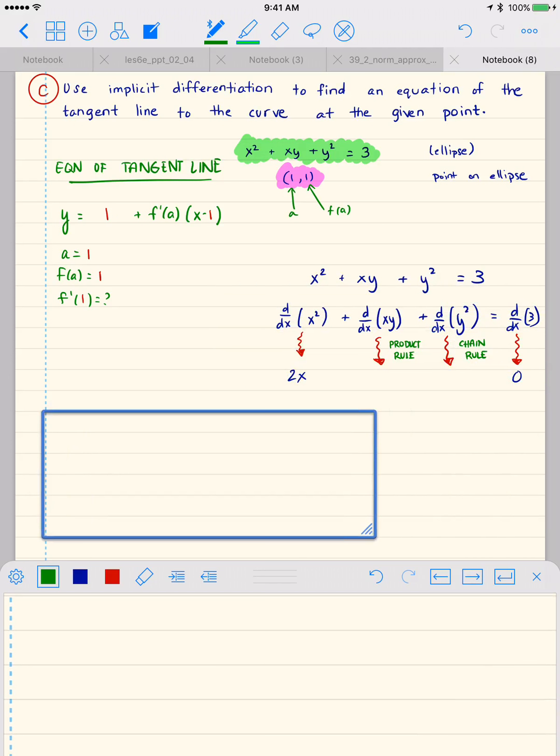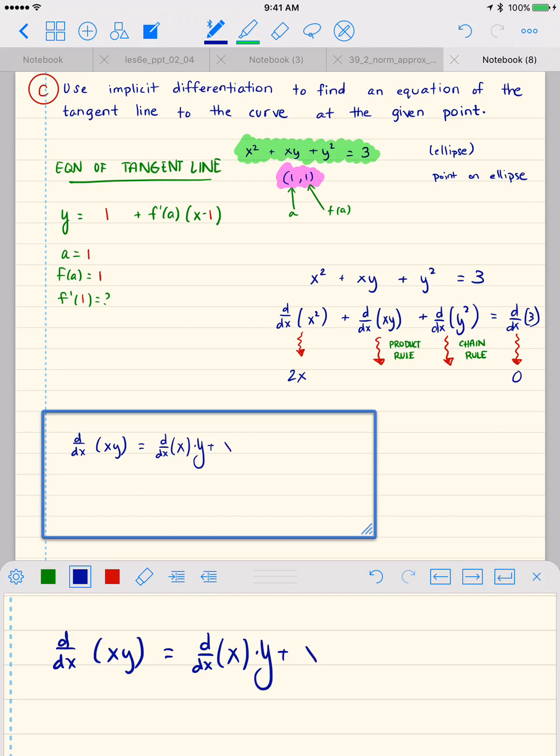Okay. So now, d dx of xy is going to be d dx of x times y plus x times d dx of y. d dx of x, that's just 1. Y doesn't change, so that's just y.